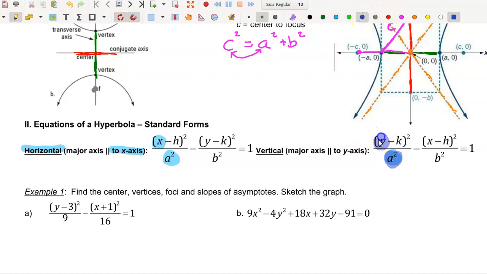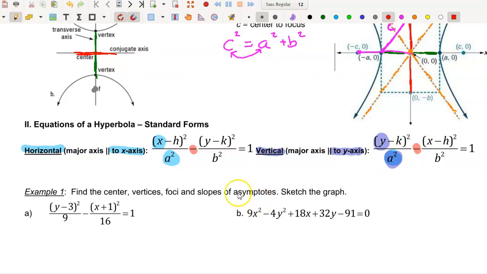And if Y is first, it's going to open vertically. And you also notice that there's a subtraction sign here instead of an addition sign. So that's the main way you can tell, looking at the equation, is this an ellipse or a hyperbola? One of them will be negative if it is a hyperbola. Got that? Still equal to 1. That has not changed.